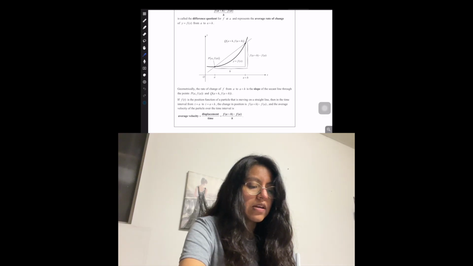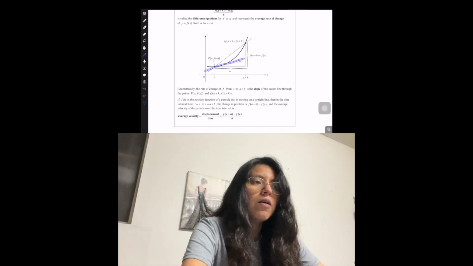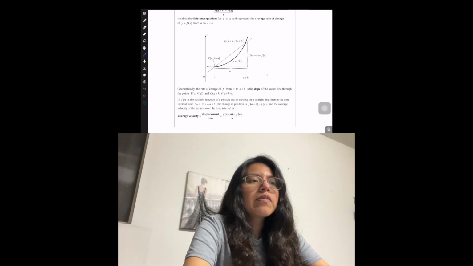Let's imagine we end up reaching that point. That would be the tangent line, which is essentially the derivative. We'll build on that, but for now, keep that in the back of your head.